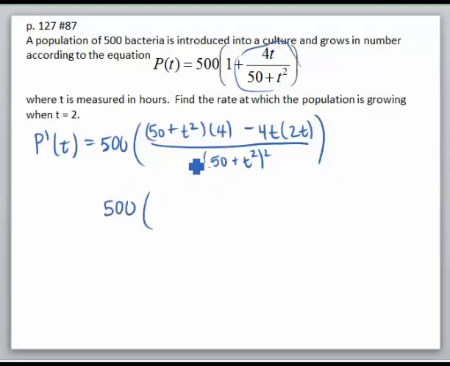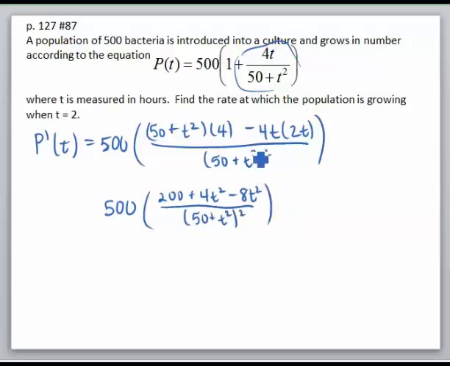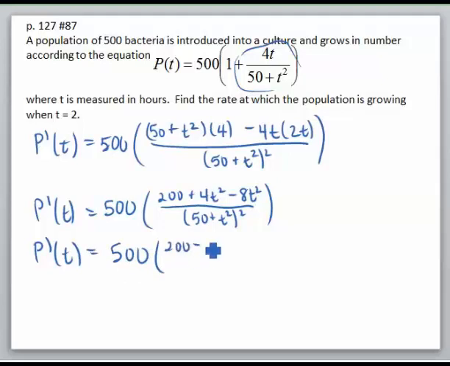We have 200 plus 4t squared minus 8t squared all over (50 plus t squared) squared. And if you want to take it one step further, we can: 500 times (200 minus 4t squared) over (50 plus t squared) squared. I wouldn't take it any further than that. I would just leave it alone.